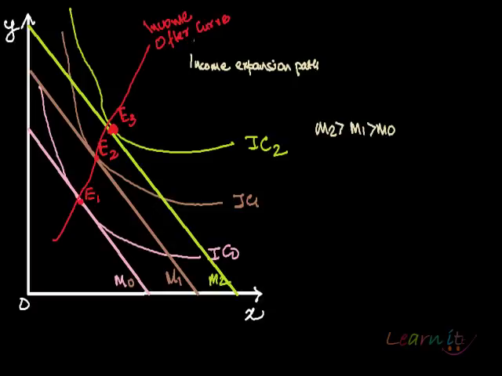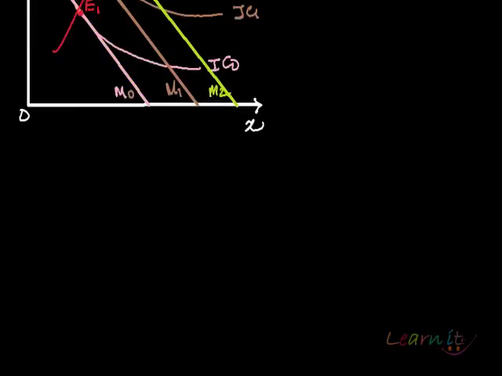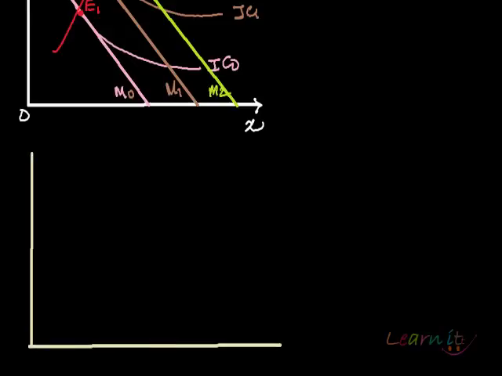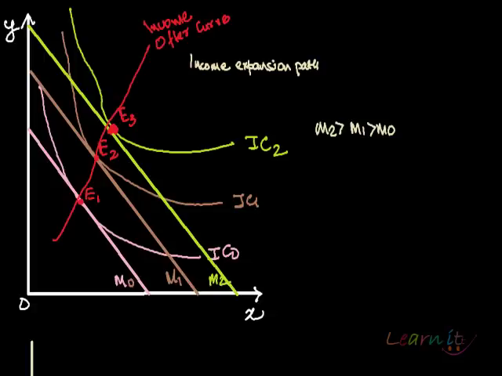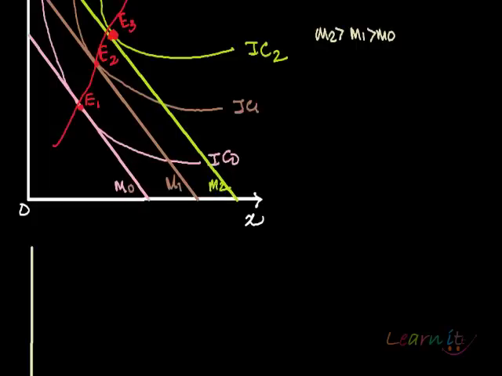There is also a related concept called the Engel curve. So what is the Engel curve? I should actually be drawing this just beneath the first graph. Let me take it from here.